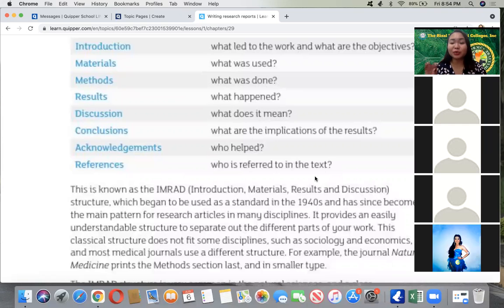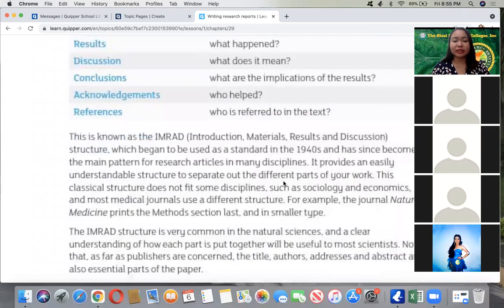But when you go to a specific journal, they have their own style of format. Sometimes they will say they use the APA format, but not necessarily everything in APA format. It's their own format, with modifications.